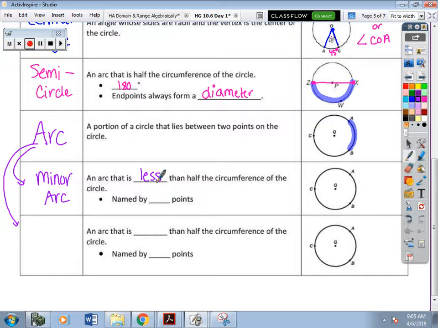So it's also less than 180 degrees. You name these only using 2 points. And there's an arc notation that you'll put on the top. So an example of a minor arc would be AB.